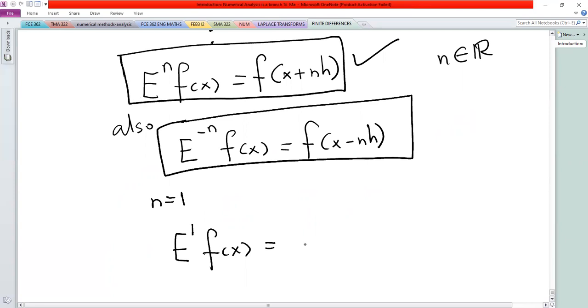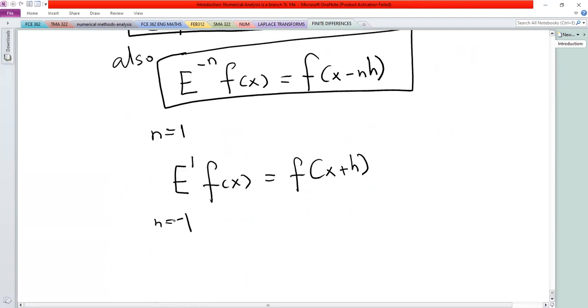So when you pick n to be 1, then this is given by f of x plus 1 times h, which is h. And then when I pick n to be negative 1, then I'll have e raised power negative 1 of f of x will be f of x minus h.